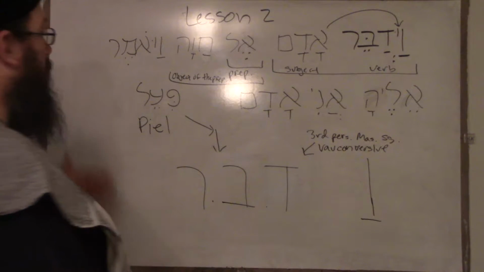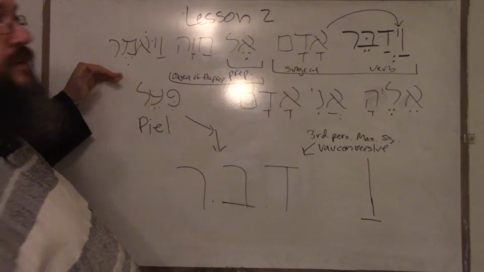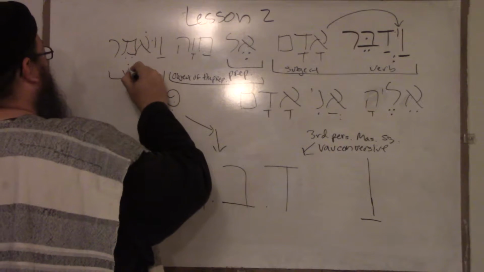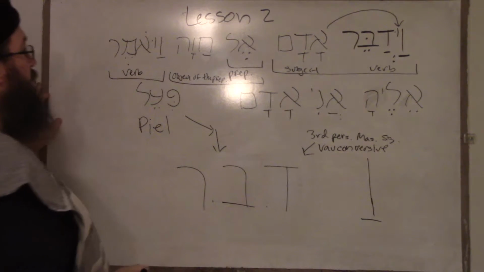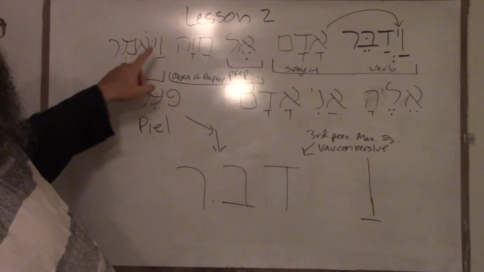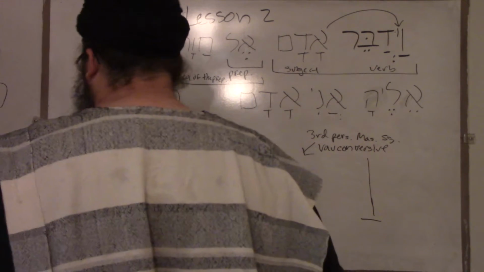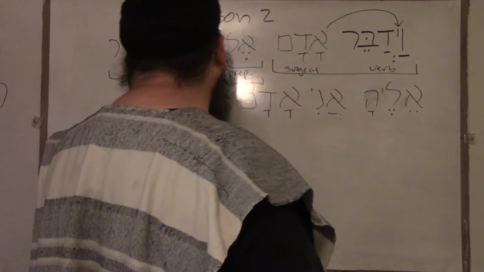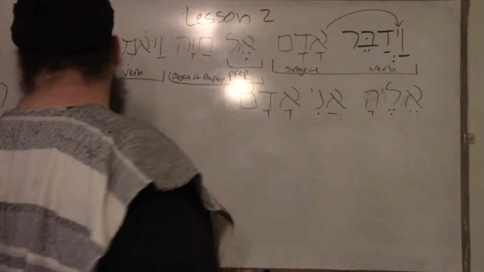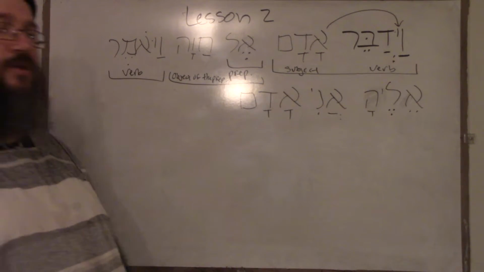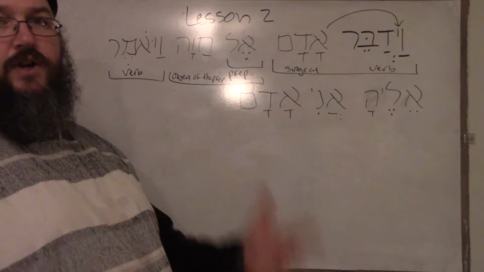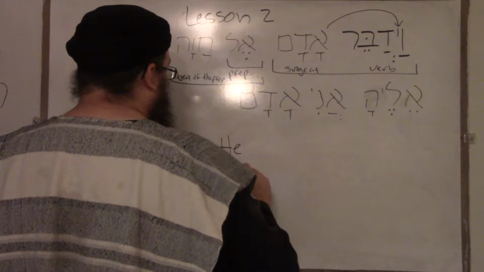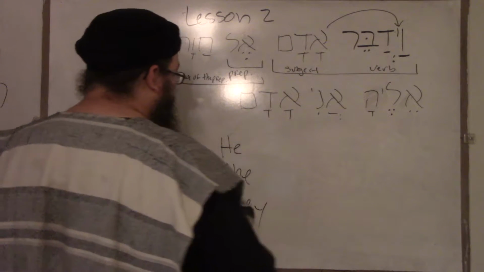Okay? Now we have a new sentence starting. Vayomer. Here we have a verb, and we have to break the verb down like we did the first time. Most times with regard to your reading in Torah or Hebrew, the main categories you're going to find are he, she, they.